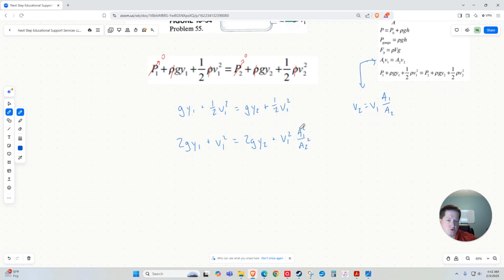I'm going to move this term to the left while moving this term to the right. I'll go ahead and factor out as well. So it's v1 squared times the quantity 1 minus A1 squared over A2 squared. On the right-hand side, I'm going to get 2g times the quantity y2 minus y1 after I factor out the 2g.